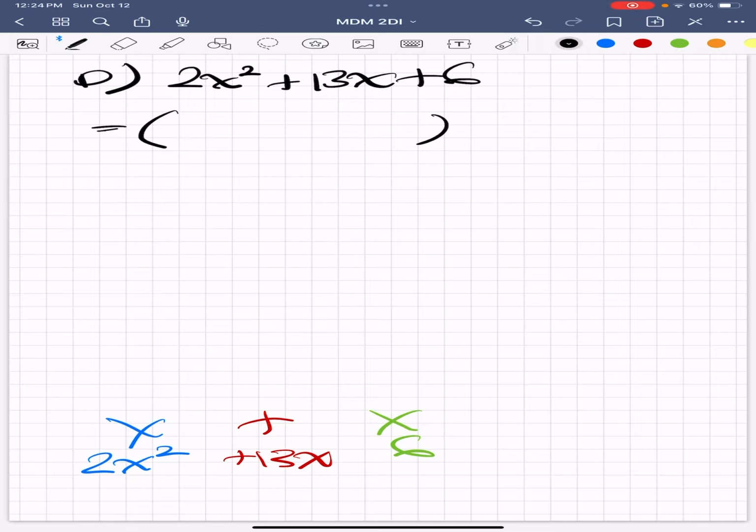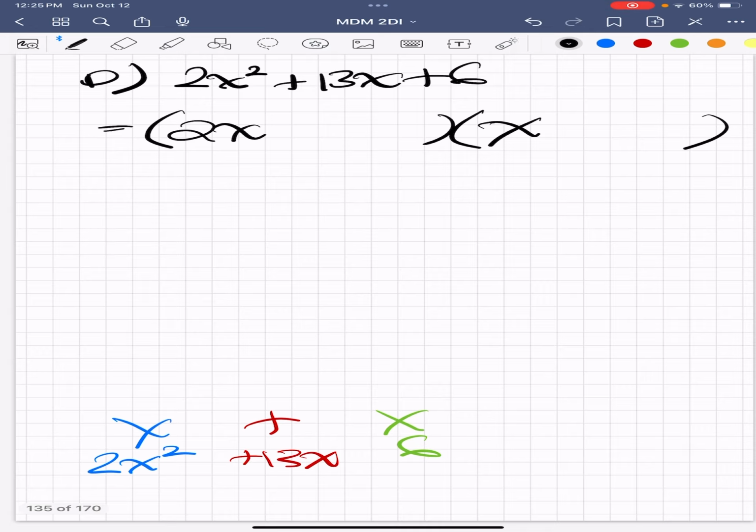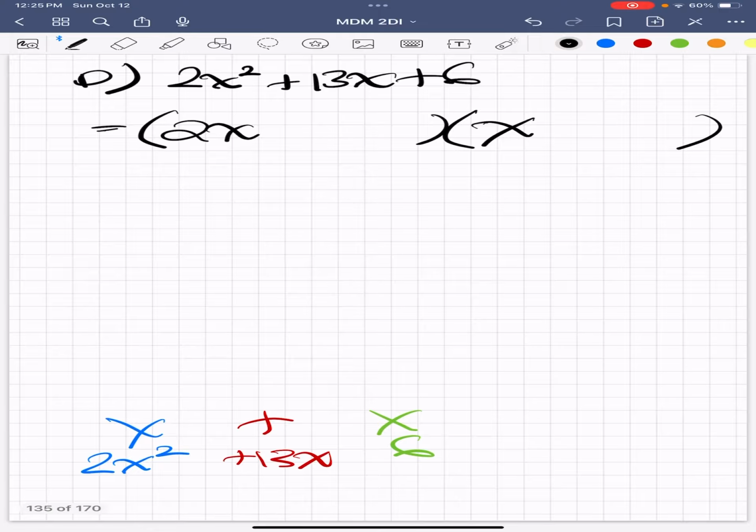So, we get our brackets ready. We have 2x, and then we have x, then we have x. And we need it to multiply to 6, but to add to 13. So, I'm going to put 6 here and 1 there.